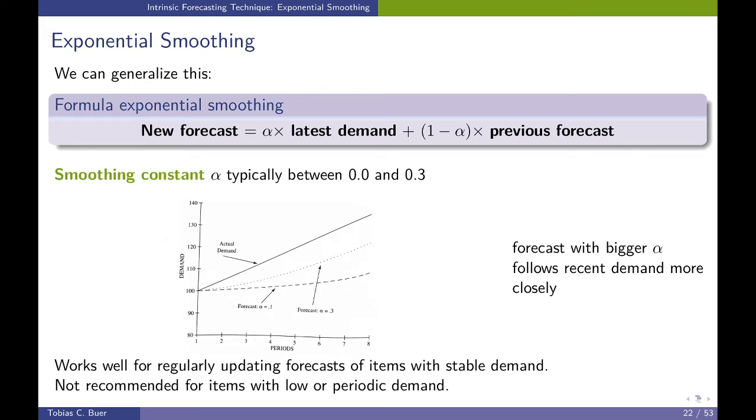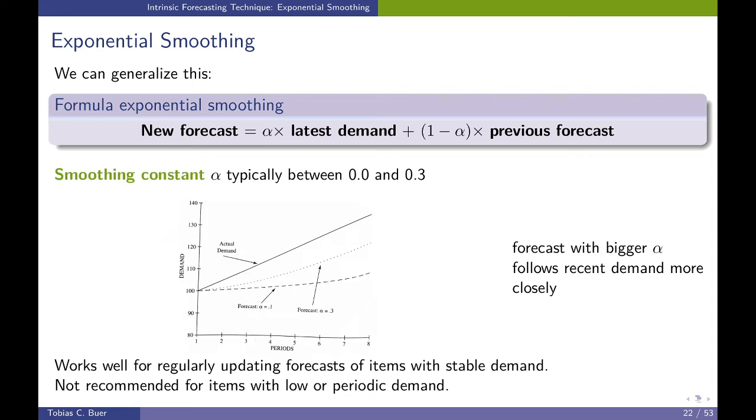If we generalize this, then we get to the exponential smoothing. In exponential smoothing, the new forecast is calculated by a weighting alpha of the latest demand plus 1 minus alpha multiplied by the previous forecast.